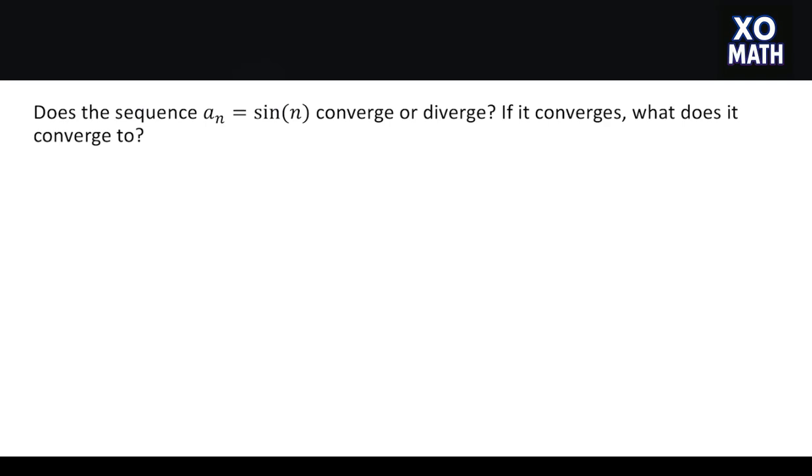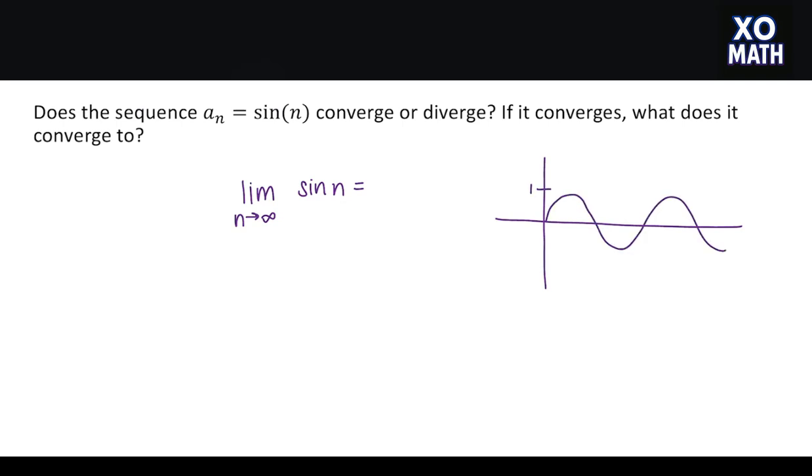And now let's look at the sequence a sub n equals sine n. So if we take the limit as n approaches infinity of sine n. Now if we think about the continuous function sine of x, it is bouncing back and forth between +1 and -1. So as a continuous function, the limit as n approaches infinity does not exist.